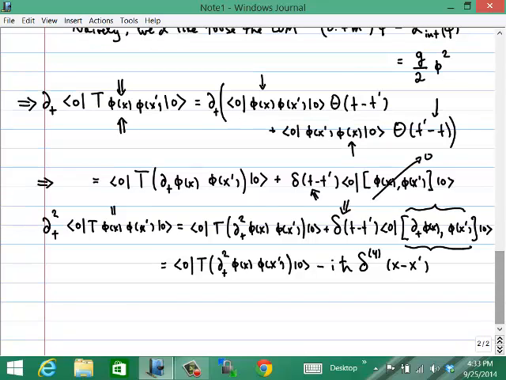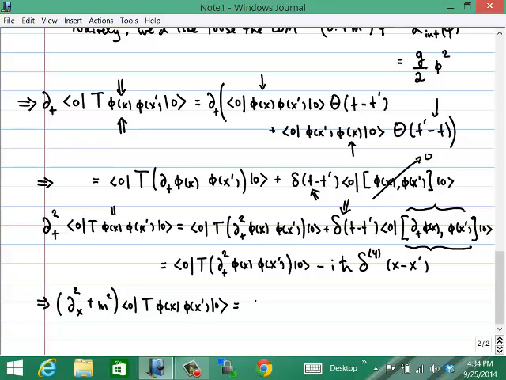Okay. So that means that if you're interested in computing, say, the derivative with respect to x squared, so this Klein-Gordon operator, acting on this time-ordered expectation value of two fields, then what you get to do is act that differential operator inside the time ordering at the price of introducing an extra delta function term. Okay.